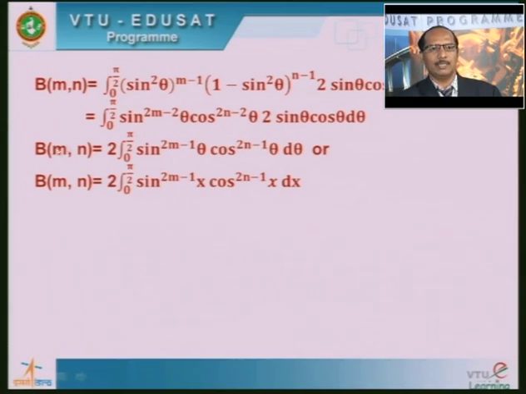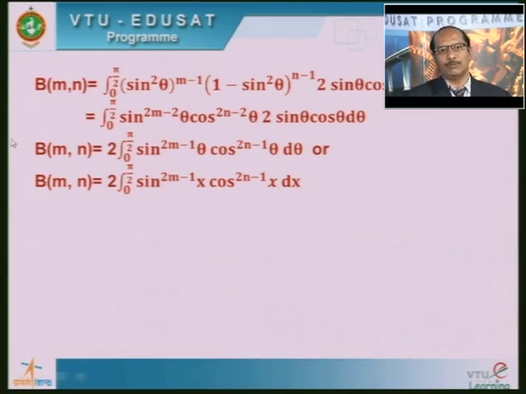Since theta is a dummy variable, changing theta to x, beta mn is equal to 2 times integral 0 to pi by 2 sin 2m minus 1 x cos raised to 2n minus 1 x dx. This form is known as the trigonometric form of beta mn.